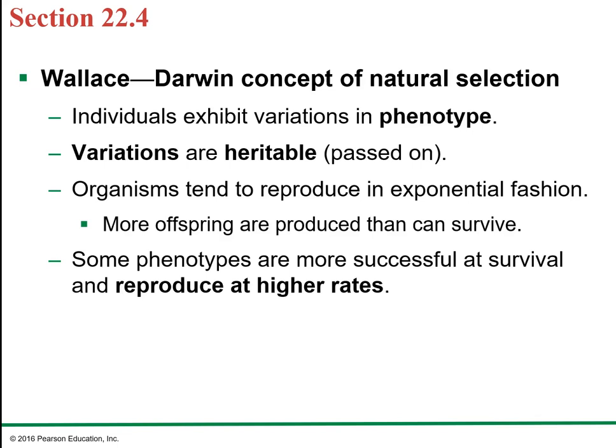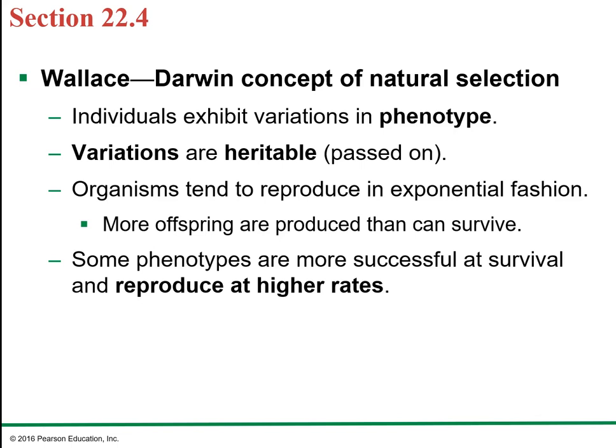So I think we know all of this stuff. It says individuals exhibit variations in phenotype. We know now that those phenotypic variations are caused by genotype changes, and that genetic changes can then be passed on to other generations.